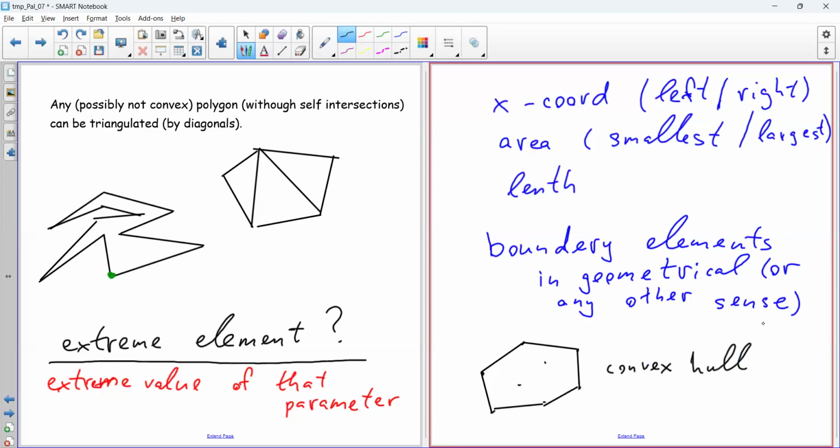And some elements of the convex hull may be used as extreme elements just by geometrical meaning. They belong to the boundary of the set, so by default they have some special property because of that.